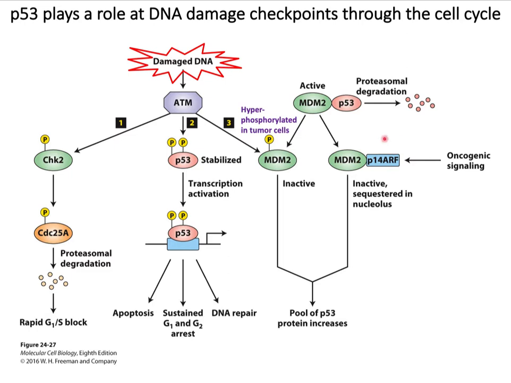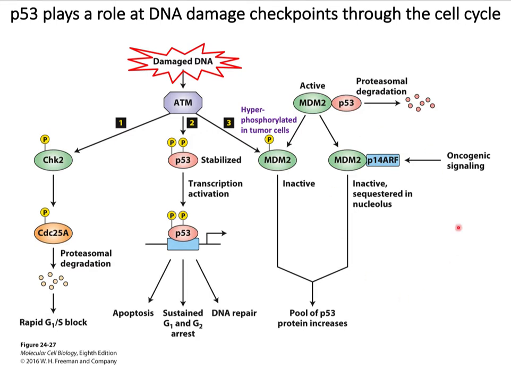I need to mention one other thing about MDM2. In transformed cells, there is a protein known as p14-ARF that's often expressed at abnormally high levels, and it binds to MDM2 and prevents the interaction with p53. That inhibition of the interaction of MDM2 with p53 again increases the pool of stable p53 in the cell.